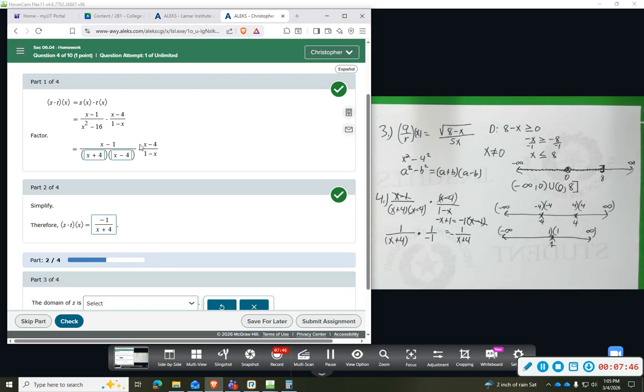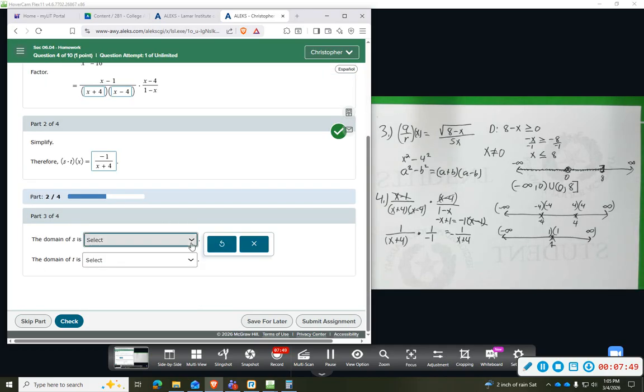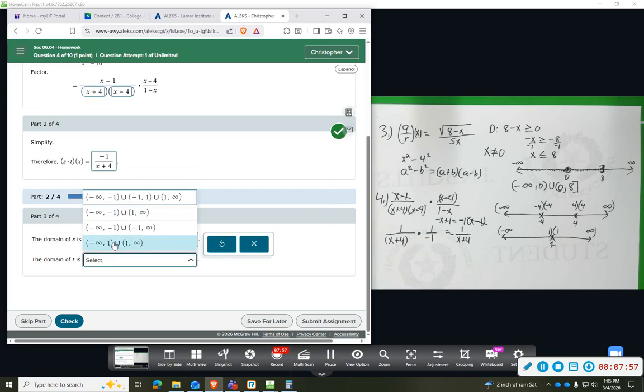So we'll put these 2 for our domains. This one looks good. And then for T, this one is good.